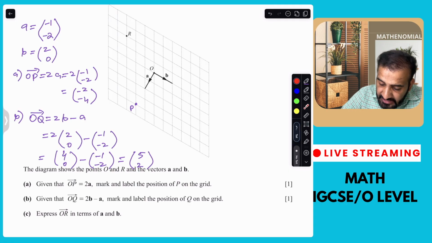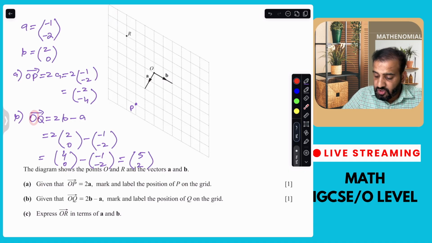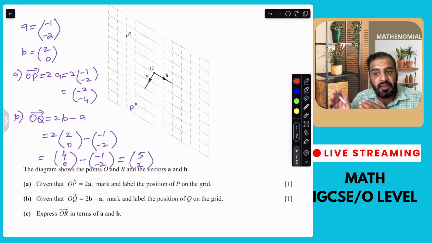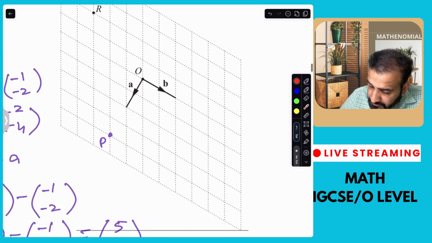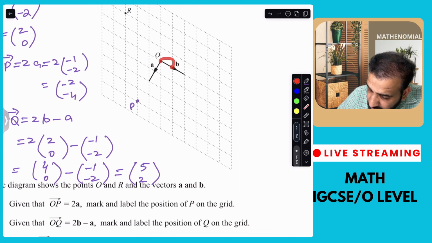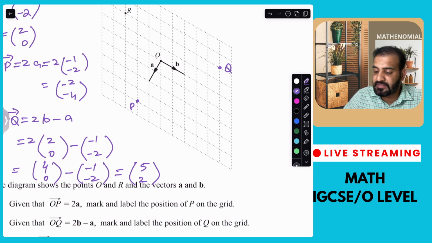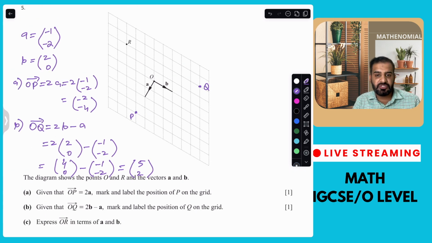So you have to stand at O. You will move 5 units to the right, 2 units up. 1 2 3 4 5, 1 2. So this is the position of Q. Okay, that's it. Done with the question.